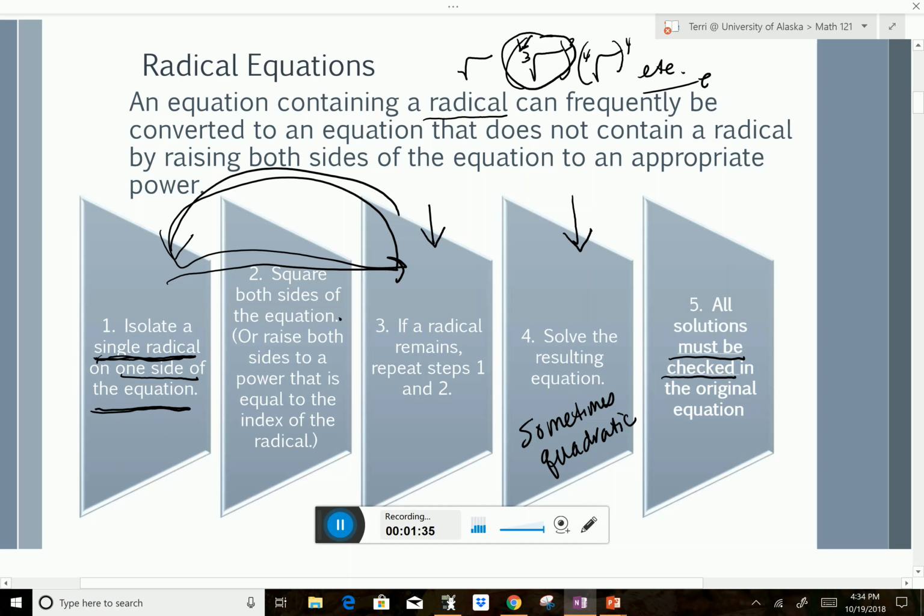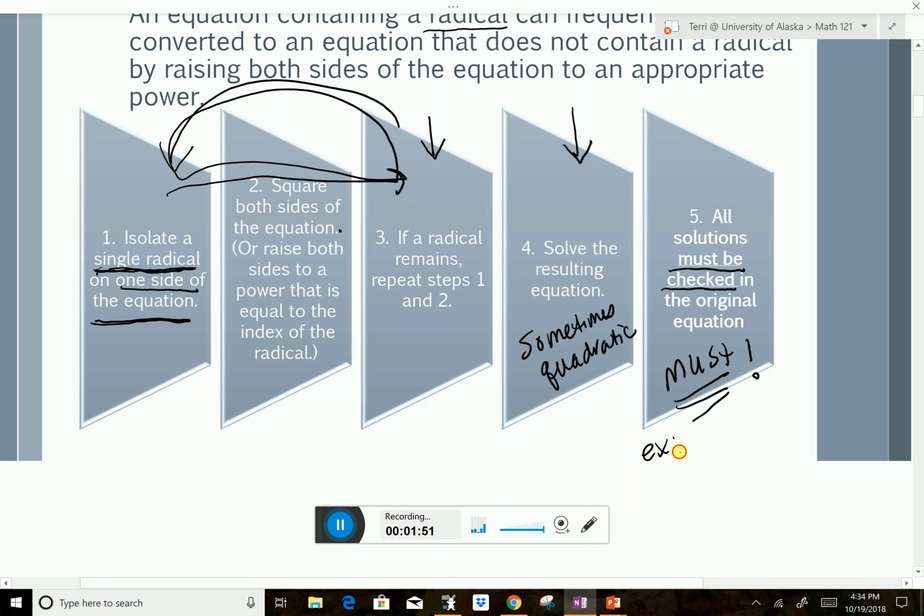Now, I've not been a real stickler about you guys checking your solutions, but in radical equations, you must not skip that step. That has to be done. You have to check, because if you don't, there's sometimes what's called extraneous solutions that don't quite work.